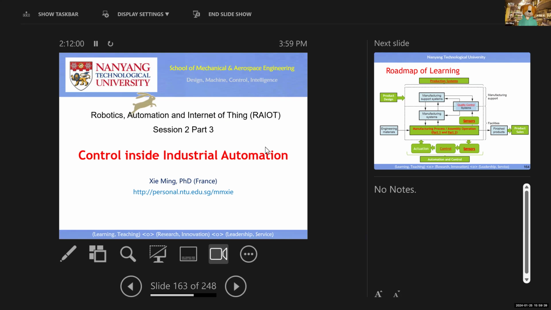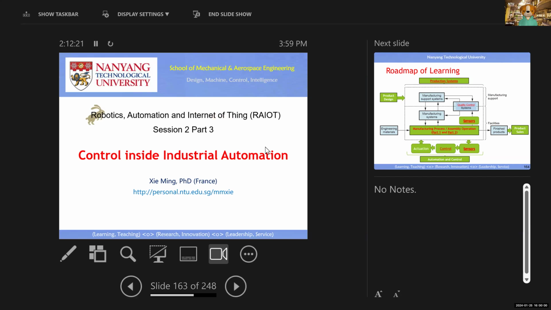Okay, so we continue with the study of part 3 in session 2. By now we understand that the manufacturing system includes design, production, marketing, and sales, right?